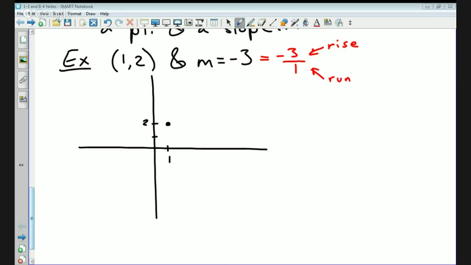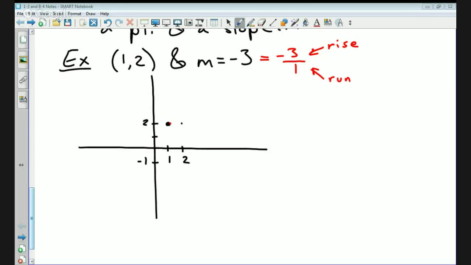Which means that if I start at this point right here and move over to the right 1 unit, and just put a little mark there for right now, just to hold place. So I moved to the right 1 unit, I ran 1 unit, and then I'm going to rise negative 3, which means I'm actually going to go down.